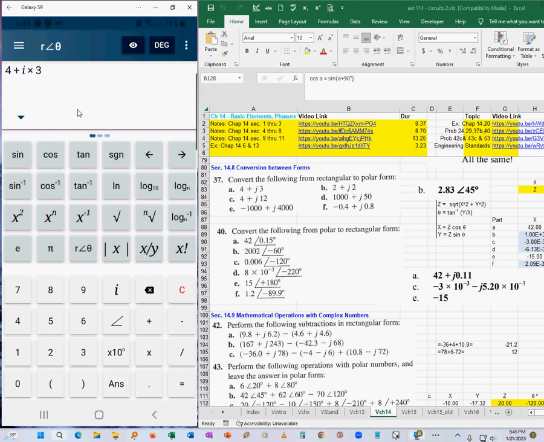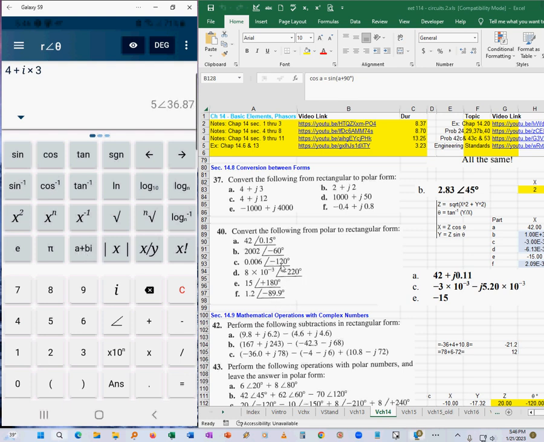So 4 plus I times 3 equals 4 plus 3I, and right now it's in rectangular. To flip it to polar, you just hit that button. And it's 5 at an angle of 36.87 degrees. It can go back and forth like this, which is pretty easy.